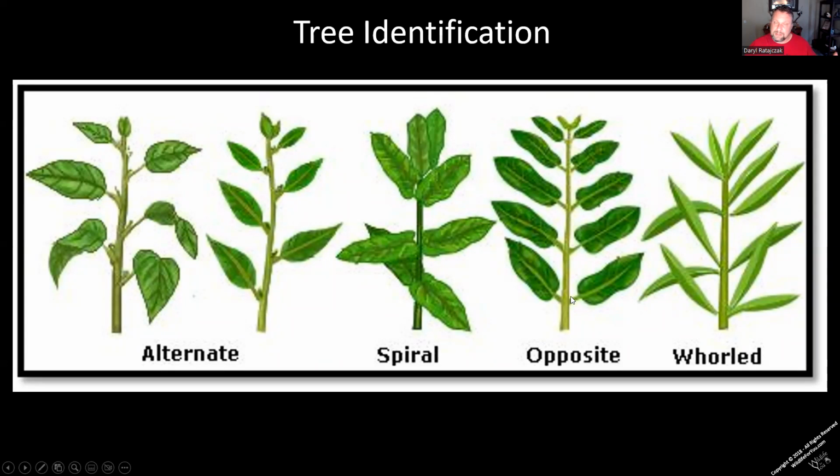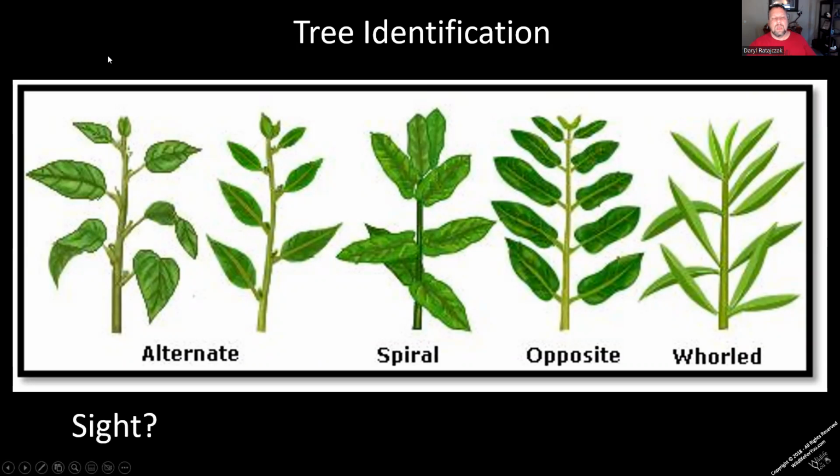If you look at opposite leaf arrangement, the leaves grow opposite each other. Here's spiral arrangement, or whorled. It can get nerdy really quick, and I love it because if you're into identifying trees, it's not just fascinating, but so powerful to be able to go through this whole thing and actually end up identifying the exact species you're looking at.